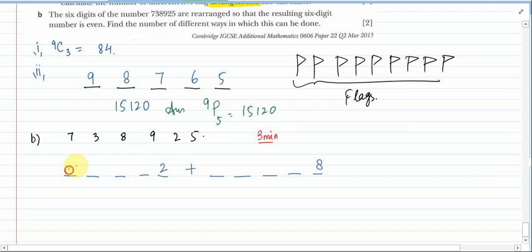That means these 4 places are open, right? There is no limitation. So out of 6 numbers, 1, 2, 3, 4, 5, 6, the last place has been occupied. The leftover numbers can be in any order.